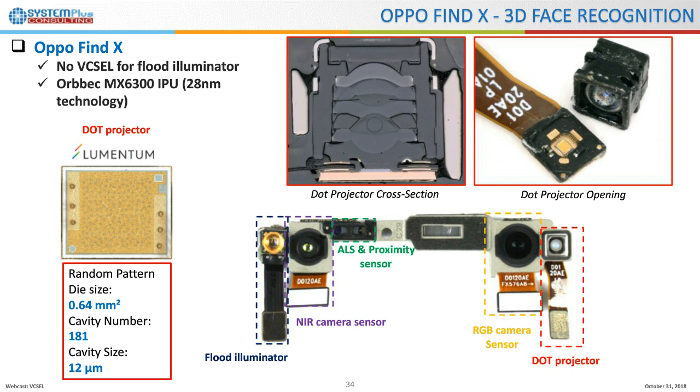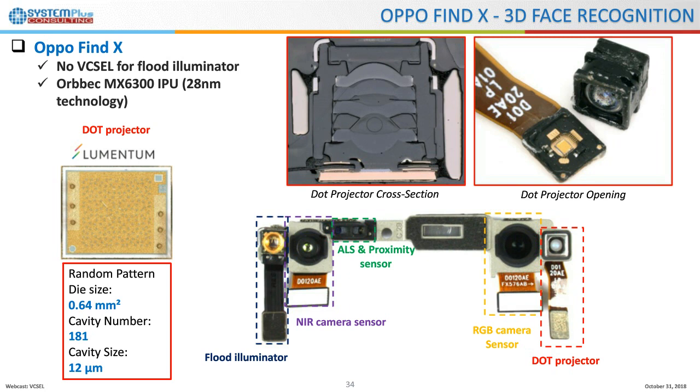The main difference compared to the TrueDepth module from the iPhone is that the flood illuminator here does not use a VCSEL, so there is only one VCSEL used, for the dot projector. The flood illuminator here only uses an infrared LED, which is really similar to the kind of LED used for iris scanning.